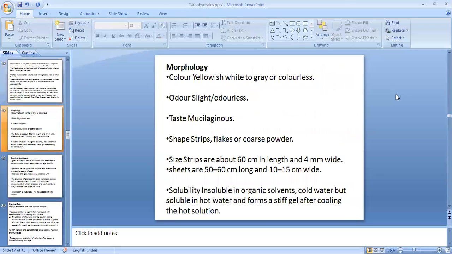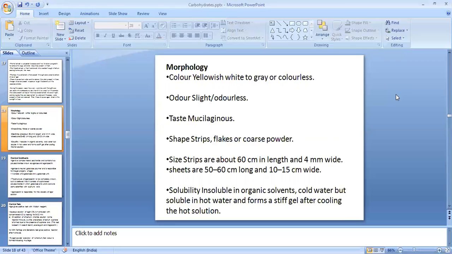Next, the morphological characters of agar. The color is somewhat yellowish white to gray, or sometimes colorless, with a slight odor or sometimes odorless, having a mucilaginous taste. Usually they are available in the form of strips, flakes, or coarse powder.